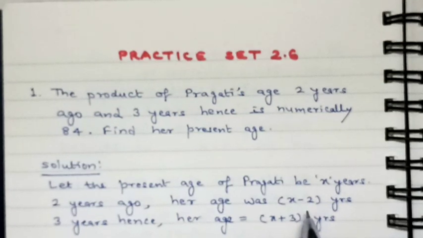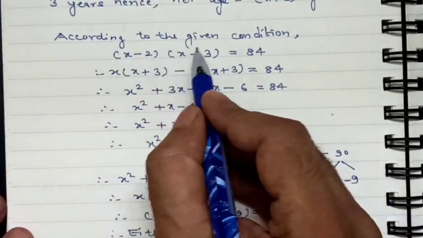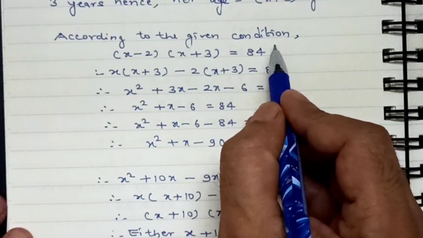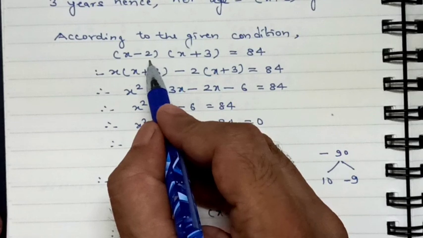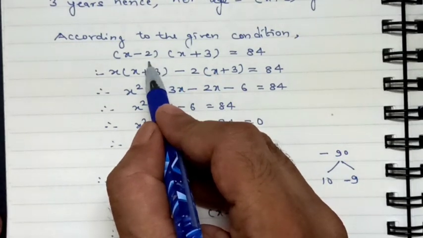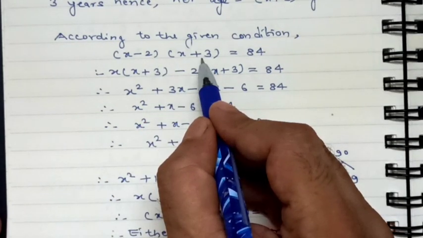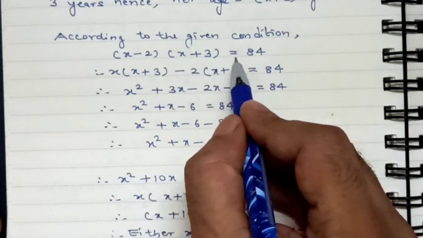Now what is the condition given to you? The product of these two ages is equal to 84 numerically, means the number is 84. So according to the given condition you will multiply the first age, which is before 2 years, that is x minus 2, and the age after 3 years, that is x plus 3, to get 84.